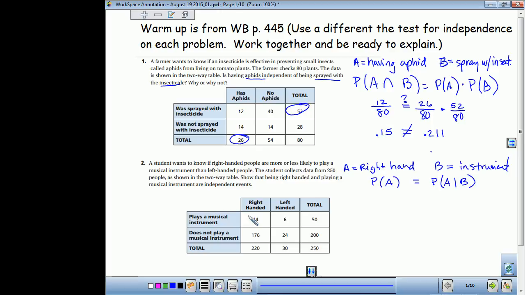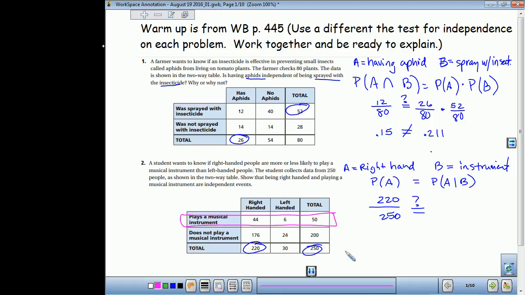Okay, so the probability of being right-handed would be 220 out of 250. Does that make sense? Yes. Okay, how does this compare to the probability of A given B, which in this case is right-handed, given that we play an instrument? So I am only looking at this row.